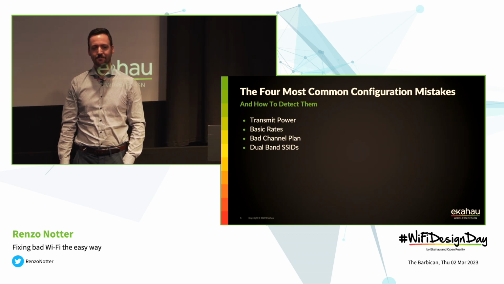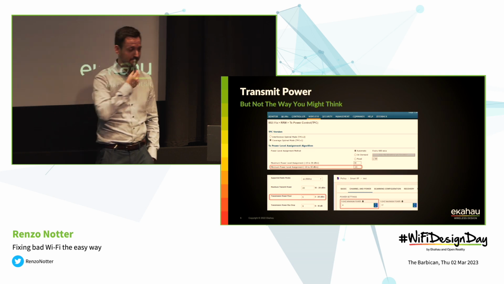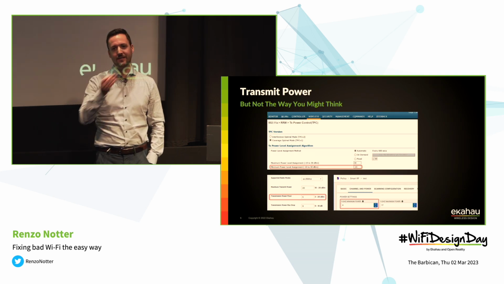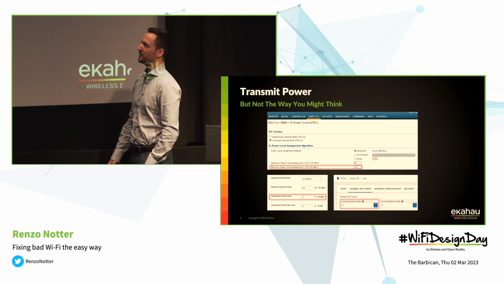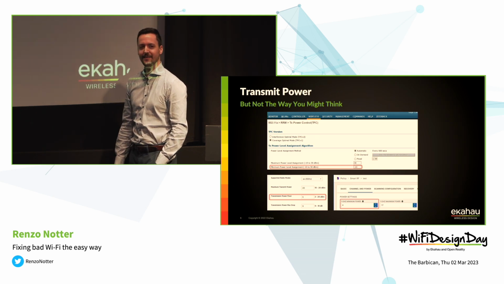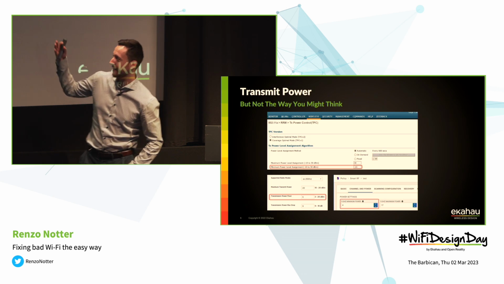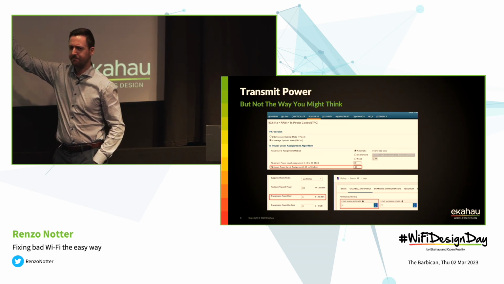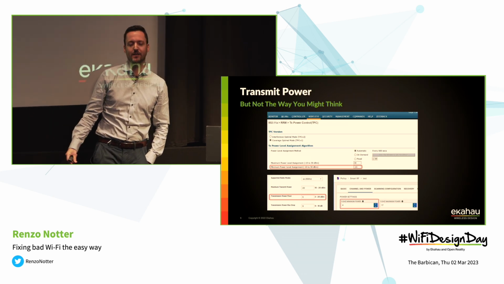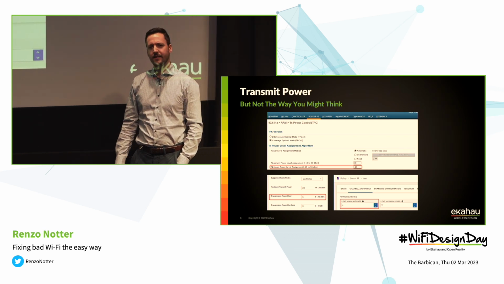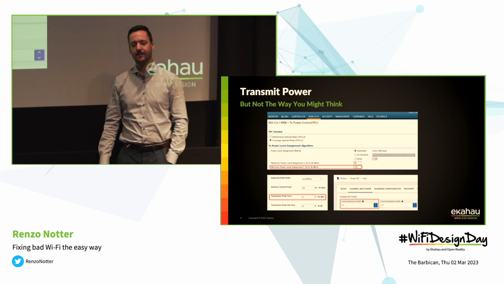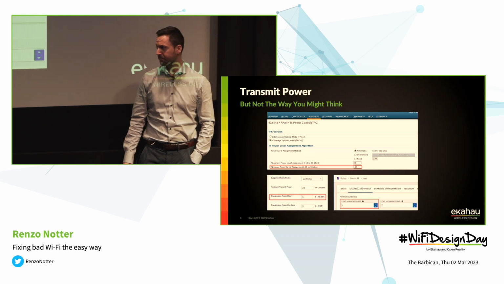So, when I talk about issues with transmit power, I don't think it's the way you think it is, or where you think I go, because it was Tobias that talked about the 18 dBm EIRP designs he sees mostly.